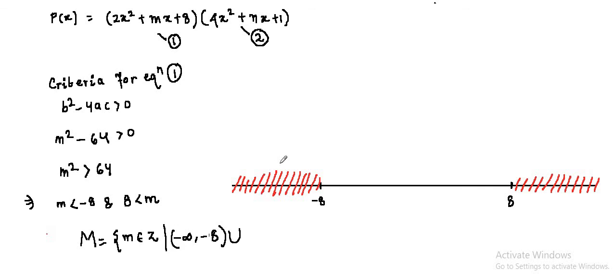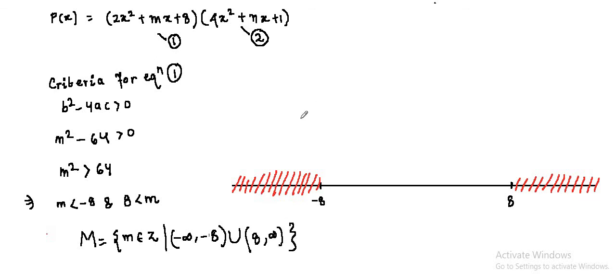Because you can take this value also, and you can take this value also. So the OR condition is applied, so we use union.